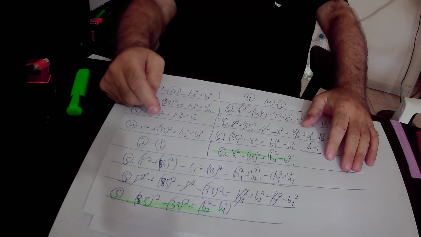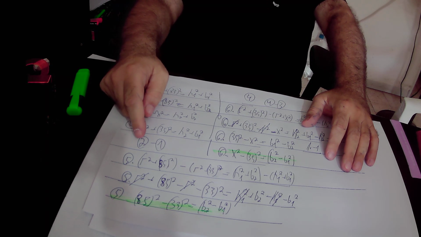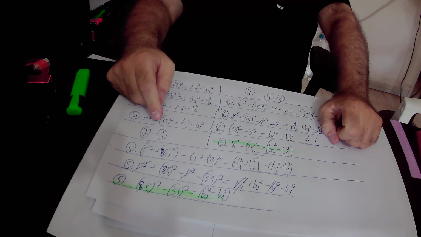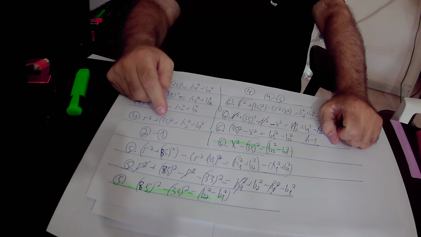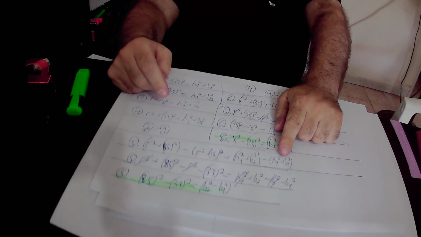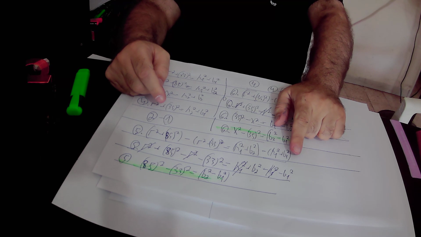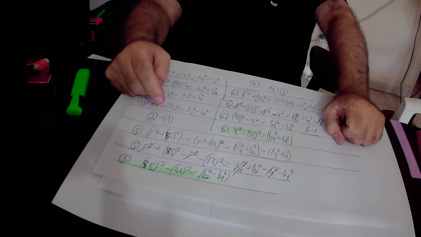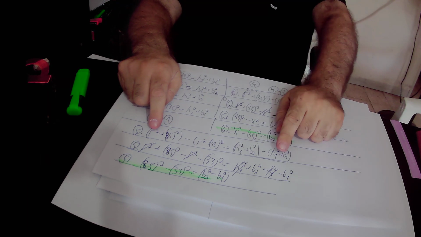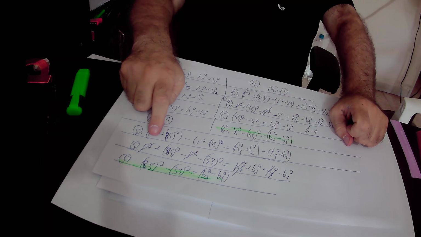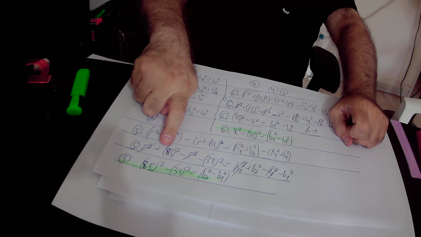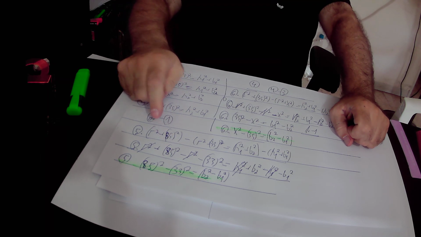Then we open the brackets of equation number 5 and found that r square plus 85 square minus r square minus 33 square equals h1 square plus b2 square minus h1 square minus b1 square. R square minus r square is 0, h1 square minus h1 square is 0, so we are left with 85 square minus 33 square, that is equal to b2 square minus b1 square.